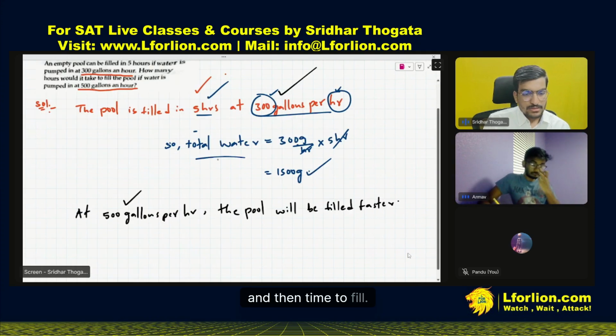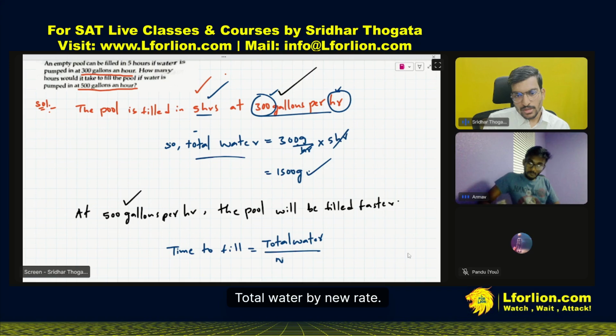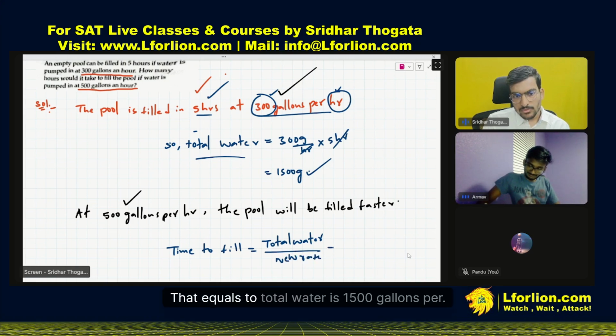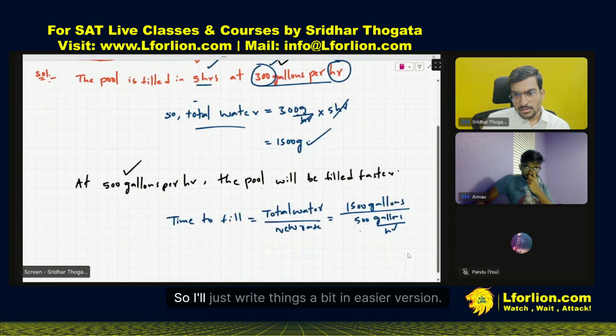And then the time to fill. How much time to fill? That equals total water by the new rate. Total water is 1500 gallons, and the new rate is 500 gallons per hour. So how do we cross this out? I'll write it in an easier version.